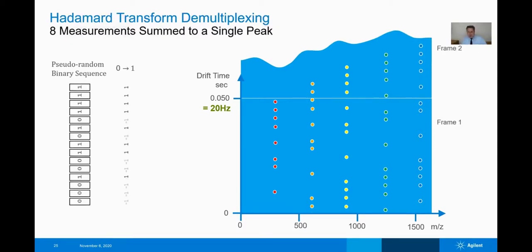To use this data, we have to go through a demultiplexing step, and we take that pseudorandom sequence, that coding, we know exactly when the ions were released, and now we can apply that. We take the open gates and the closed gates, and we transform those to ones and minus ones, and we overlay that on the raw data using an autocorrelation to be able to then grab each of those multiple pulses across the frame, summing them up based on that correlation, and that gives a sensitivity increase.